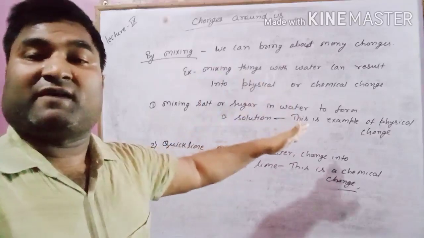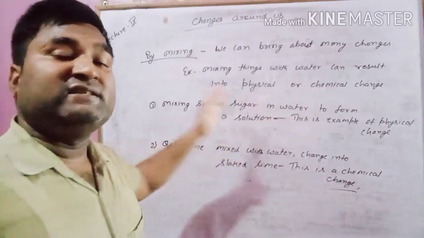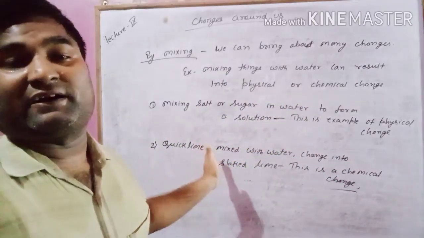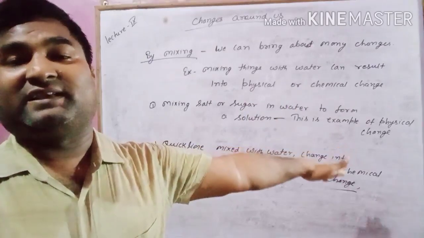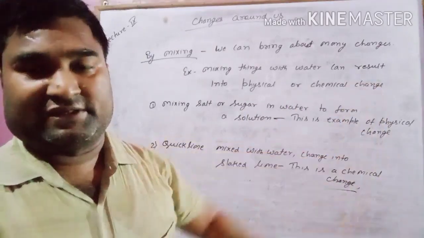Mixing salt or sugar in water is the example of physical change, and mixing quicklime in water to change into slaked lime is the example of chemical change.